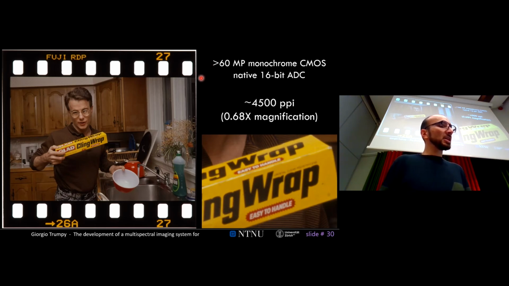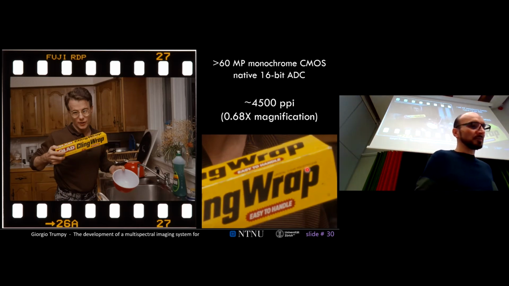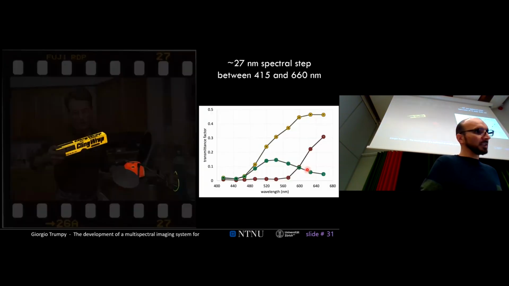In our setup here, we have 0.68X magnification, equivalent to 4,500 pixels per inch. In this full image, if we take these details, we can even read this crystal clear polyethylene. The spatial resolution is very good. The spectral resolution is not as good. It's always a trade between the two.